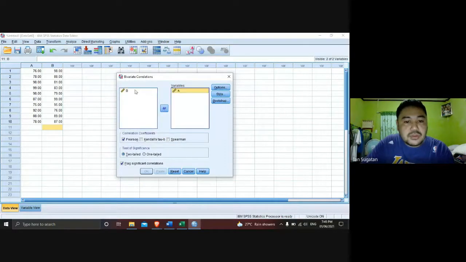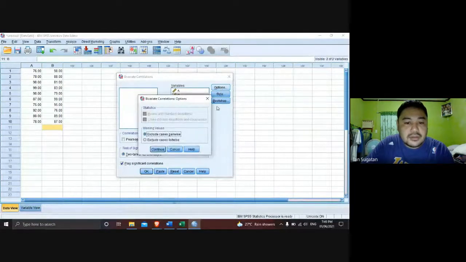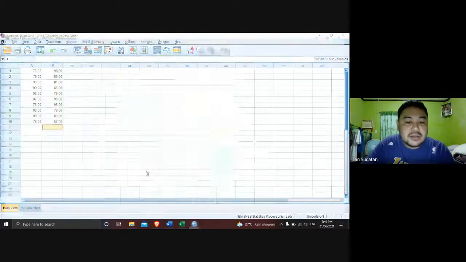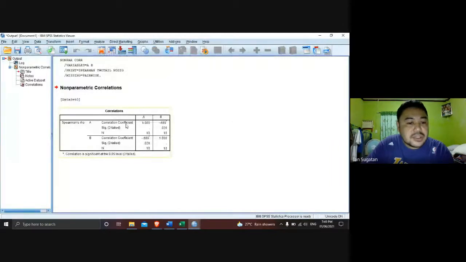So we're going to have two variables here. Then instead of Pearson, which we used last time, we're going to use Spearman, okay? We're going to flag significant correlations, two-tailed. In options, we get the correlation. So we're going to use Spearman, and automatically if you compute it, you will see the correlation.